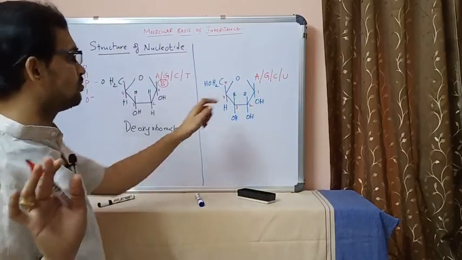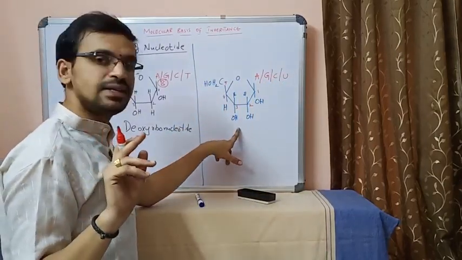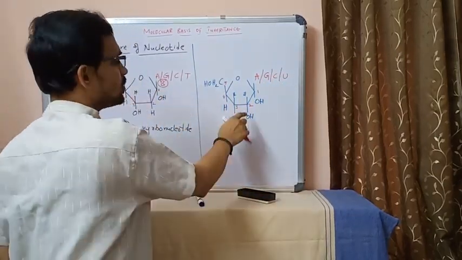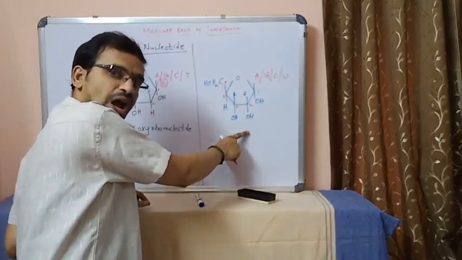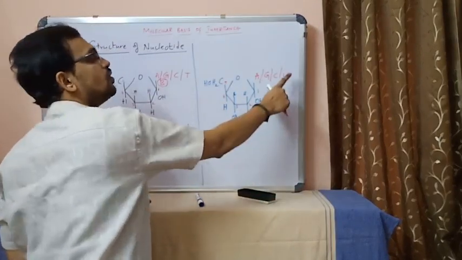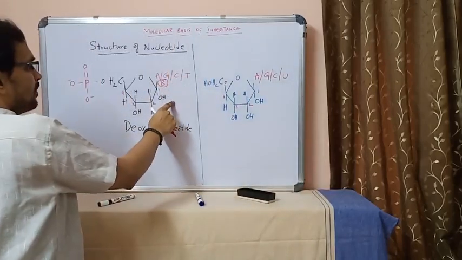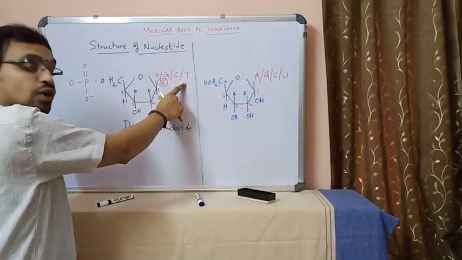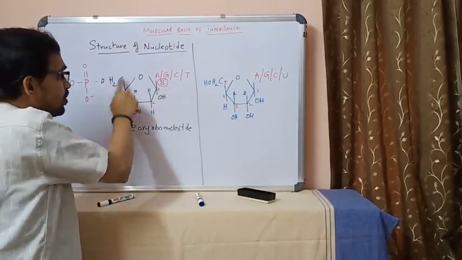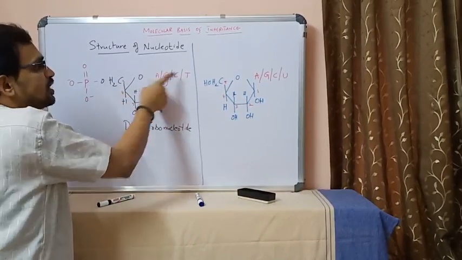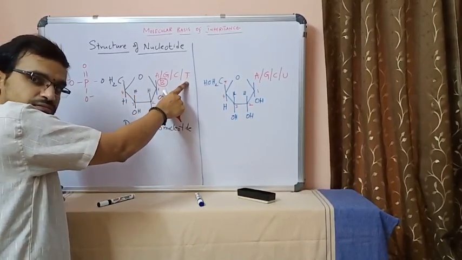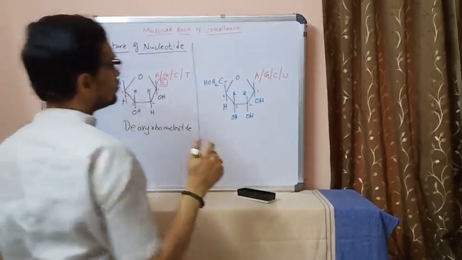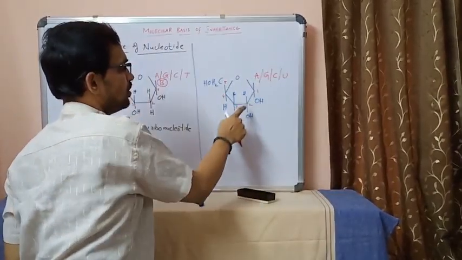No thymine, because in RNA thymine is absent. Ribose sugar is present in RNA, absent in DNA. So uracil is here. In DNA, no uracil, because deoxyribose sugar is present, that's why thymine is there. So base, sugar.